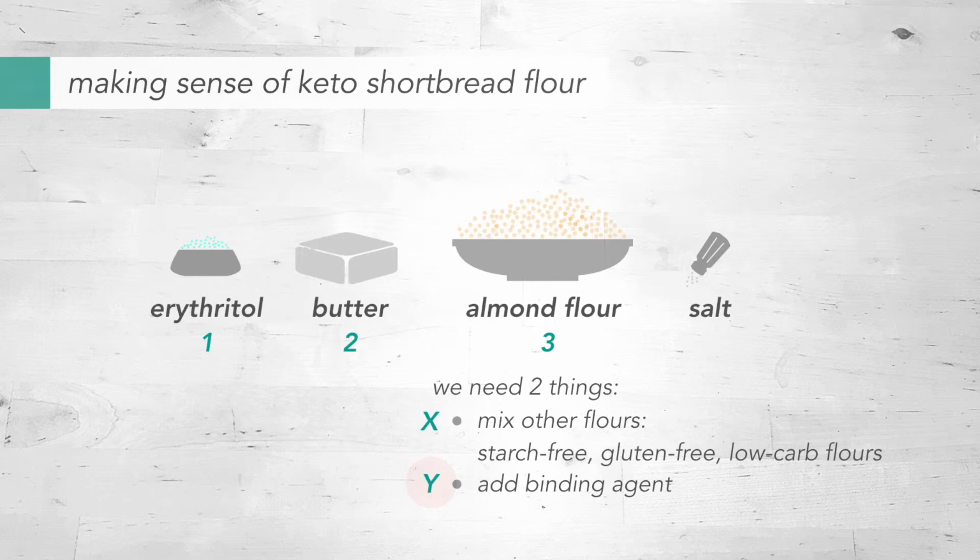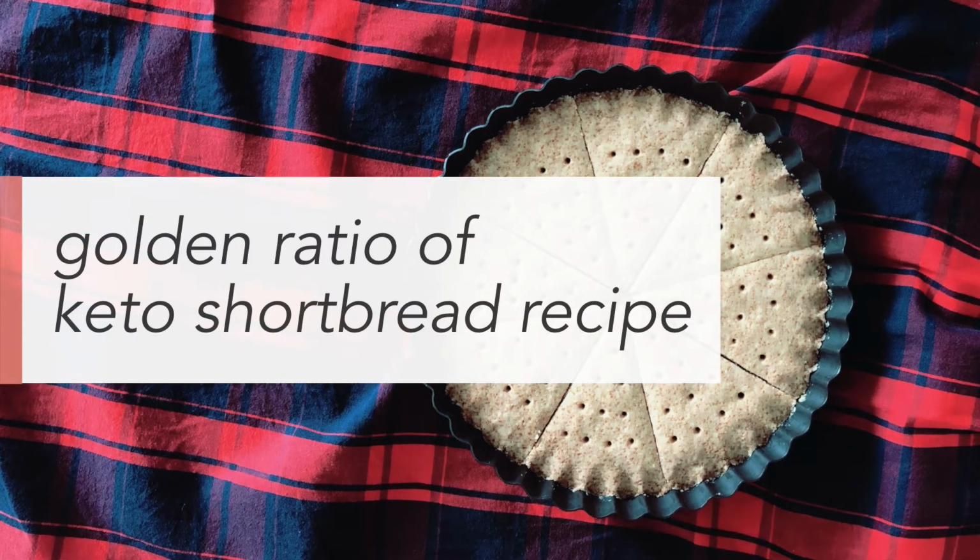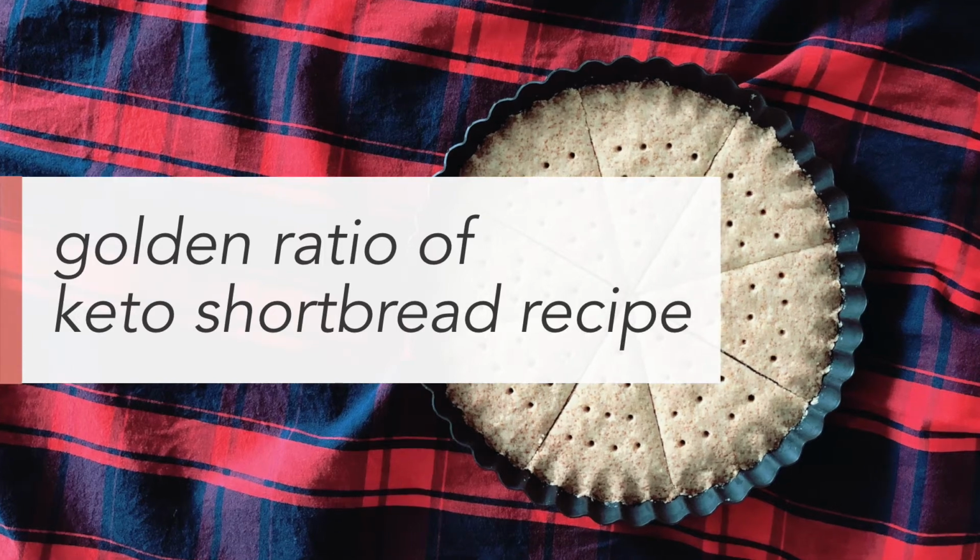I'll add at least 2 different low-carb flours and 1 binding agent, together with almond flour, to make the perfect keto shortbread flour. As a result, I found my own golden ratio of keto shortbread recipe.